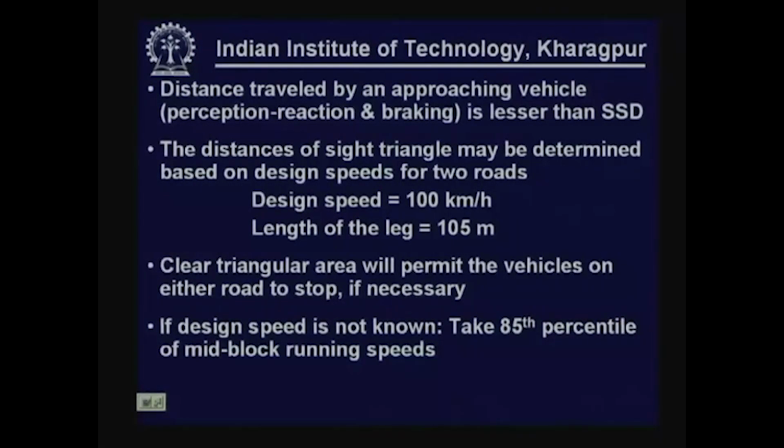Vehicle speed is reduced substantially, up to 50%, and the perception reaction component and the braking component both happen at a lesser speed than the average running speed in mid block conditions. So the distance travelled by an approaching vehicle, during perception reaction as well as braking, is less than the distance travelled when we consider stopping sight distance.